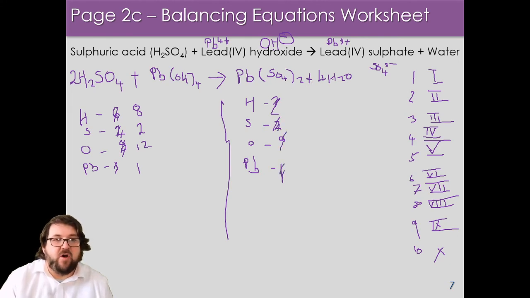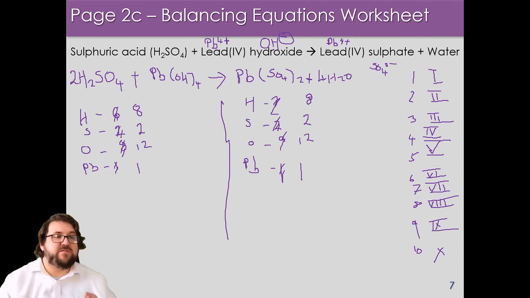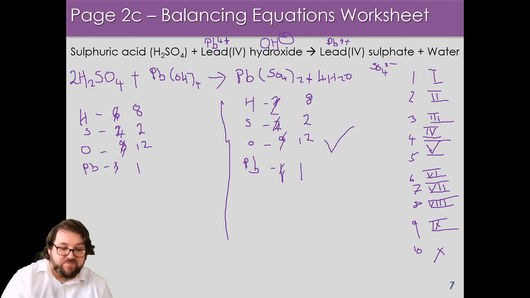So I've got 4 H2Os, gives me 8 H's there. Sulfur, yeah, still 2 there in the brackets. 2 lots of SO4. Oxygens, okay, I've got 2 lots of 4 there is 8, plus 4 is 12, lovely. And just the 1 lead. Okay, brilliant, we're all balanced. 8 to 12, 1 on both sides, means that that is balanced.